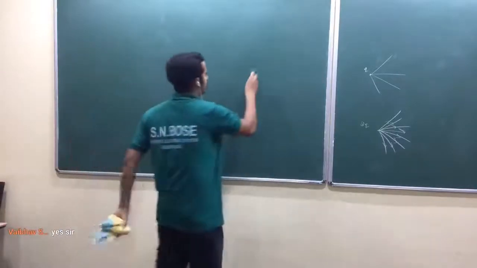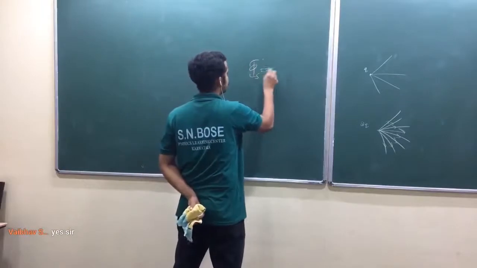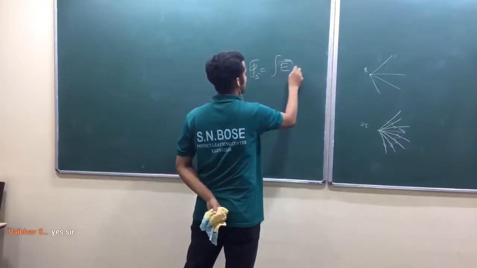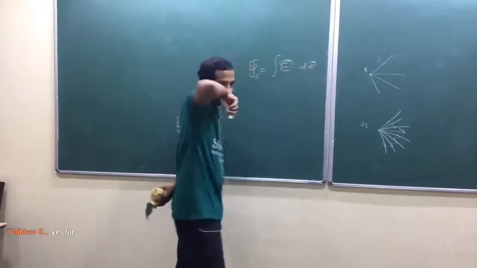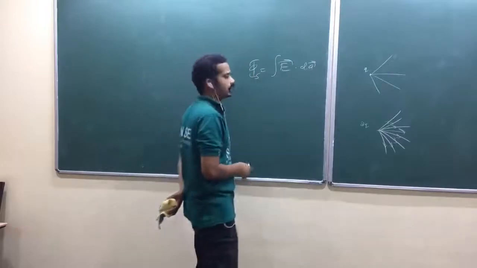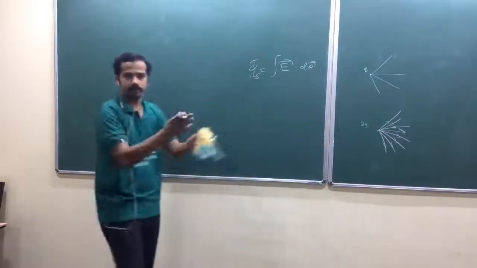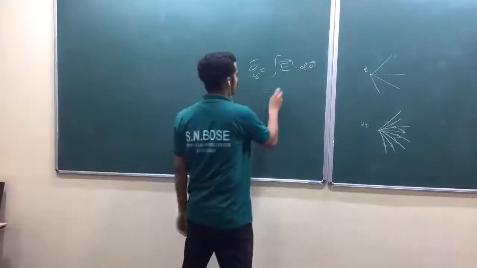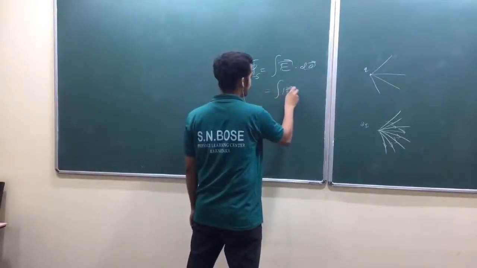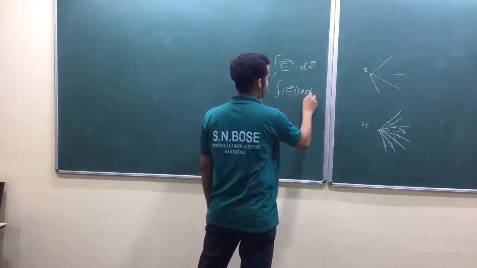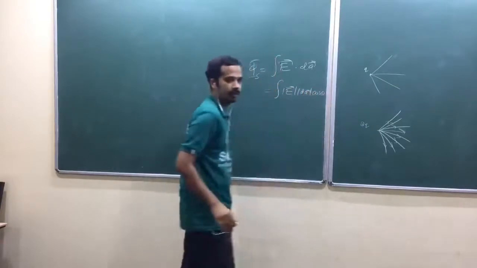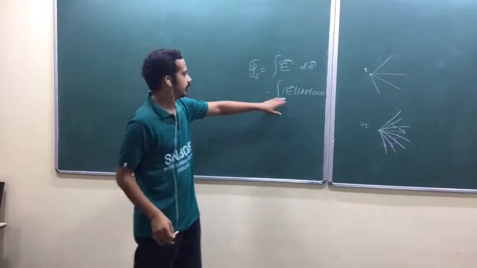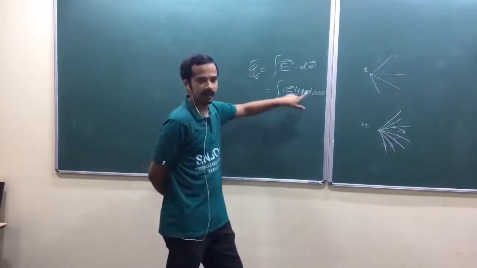So whenever you have a flux through some surface, you better write E dot dA. Suppose the E vector and dA vector have the same angle, the angle between them is the same. Then I can write this as mod E, mod dA, cos of the angle. Am I right? Suppose throughout the surface the electric field is the same and the angle between them is the same.